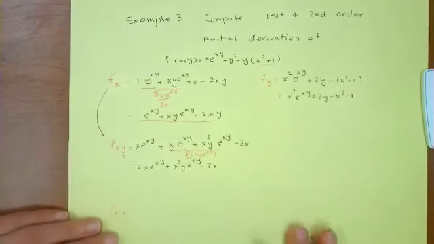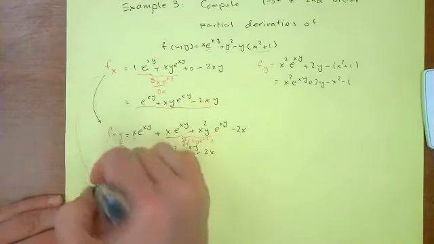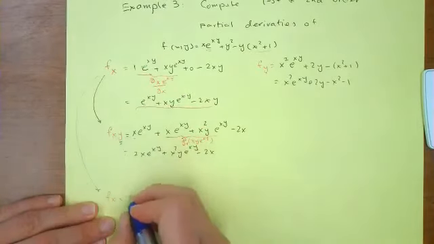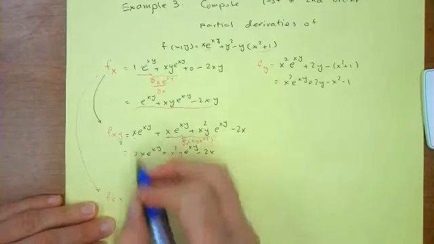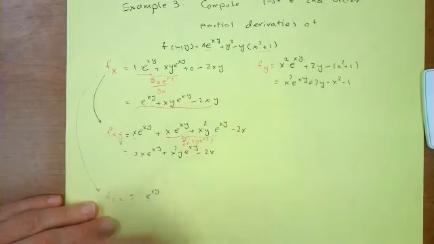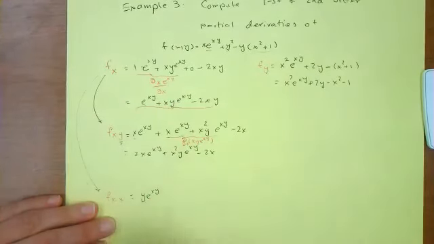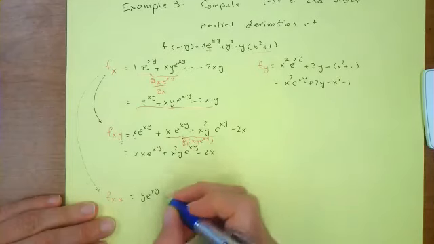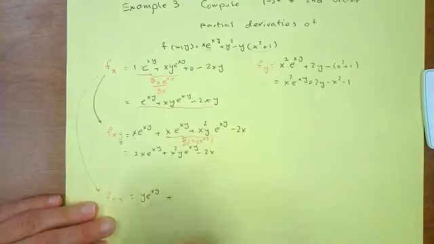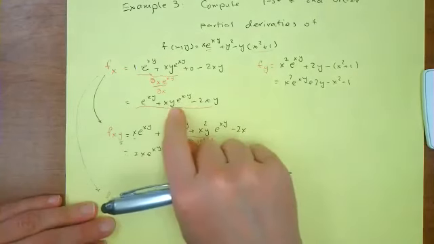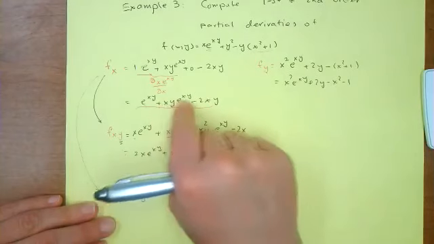Now let's do f sub x x. So again, I'm going to go from here to here. Derivative of e to the power xy with respect to x this time around is going to be e to the power xy times derivative of that with respect to x, which is y. Now, the next step is to take the derivative of xy e to the power xy, which I know y is the constant, so it's going to be a product rule because x is here also and over there.